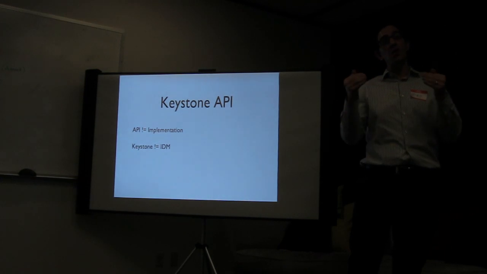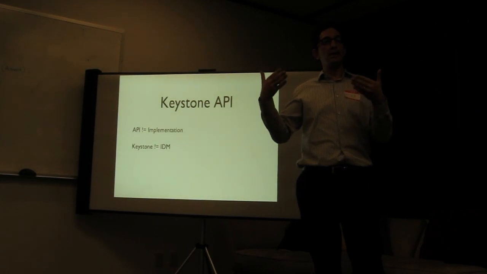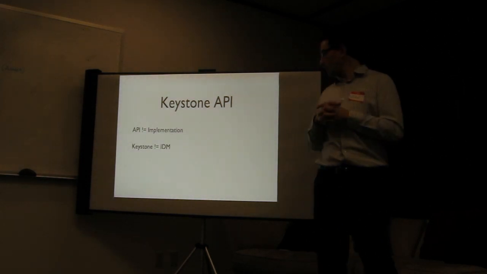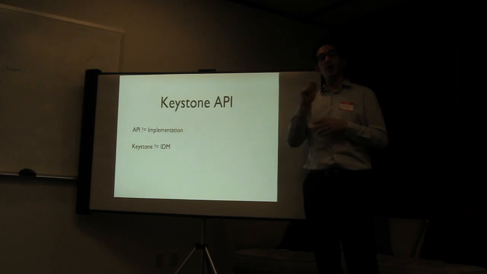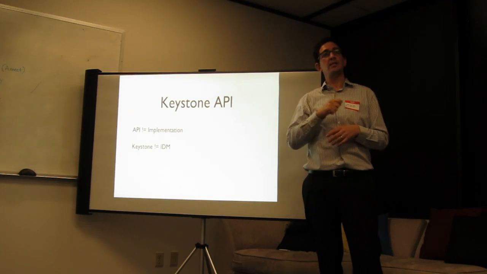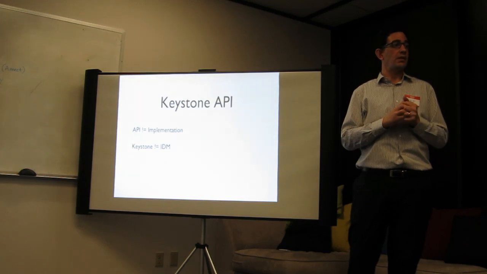For example, there's actually no inherent relationship between a tenant and a user in the API. It's all in the underlying implementation. So that's an important point, is the API is not the implementation. There are multiple implementations of the API. There's a couple in Rackspace, there's Keystone. I know a couple other big providers that are also writing their own.